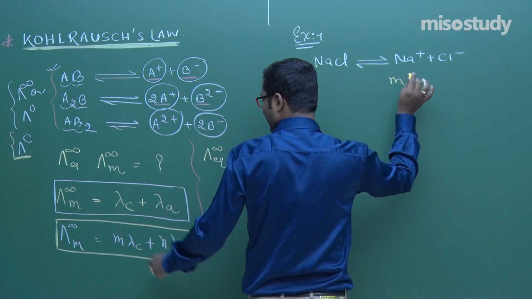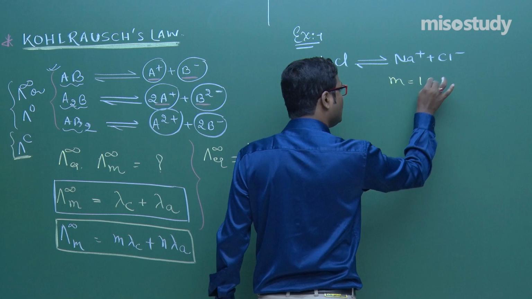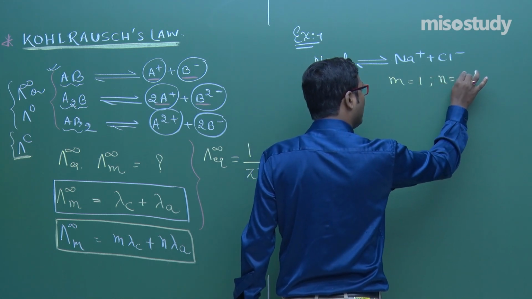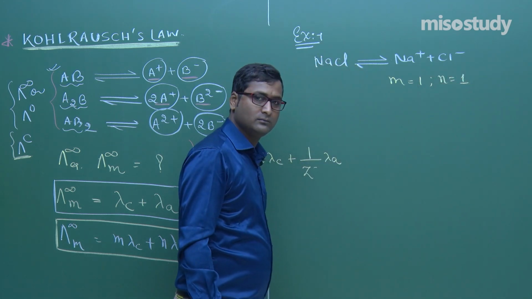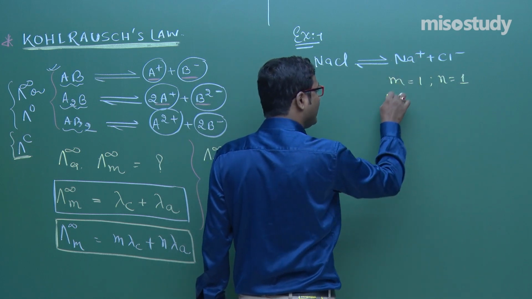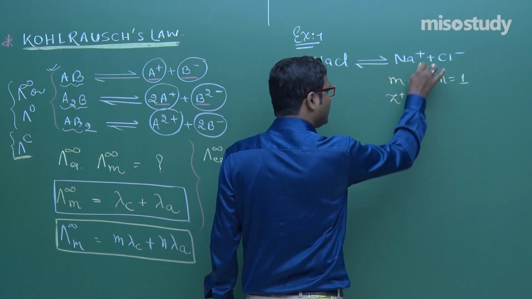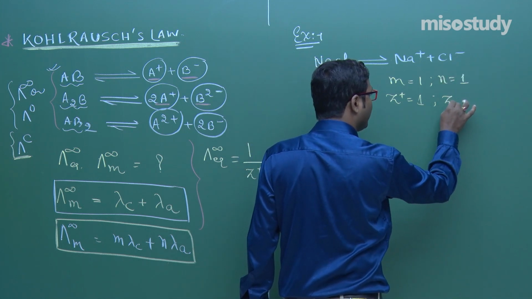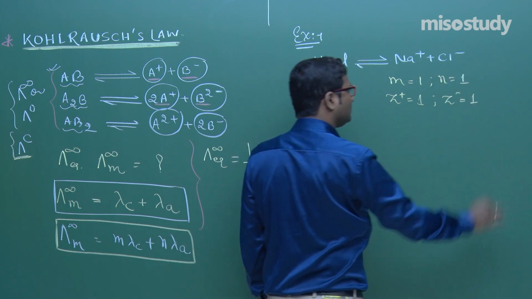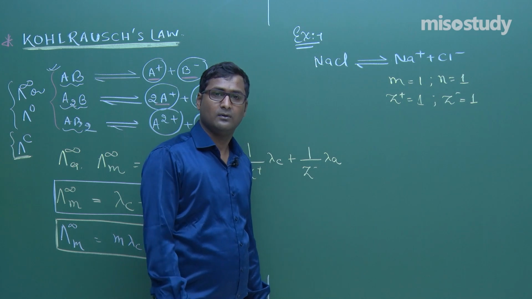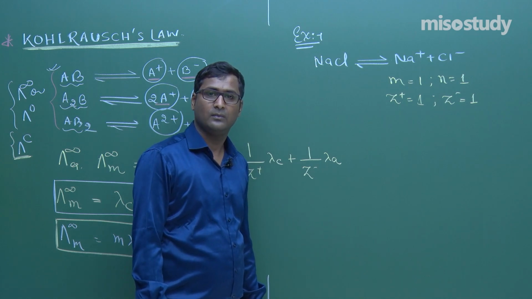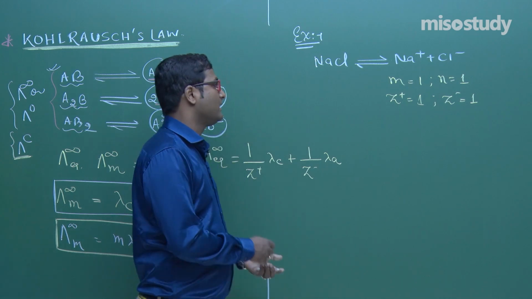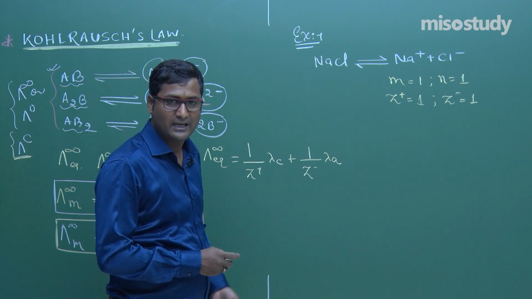So the value of m is equal to 1. The value of n is equal to 1. What is the charge here? Z plus, charge here is 1, only 1. What is the charge here, my friend? That is 1. Clear to you? Am I right, my friend?